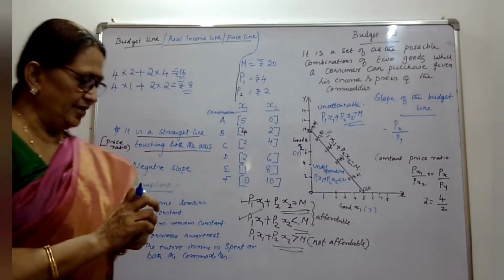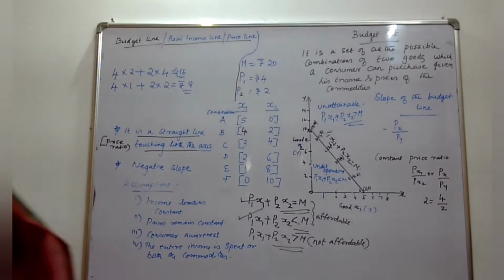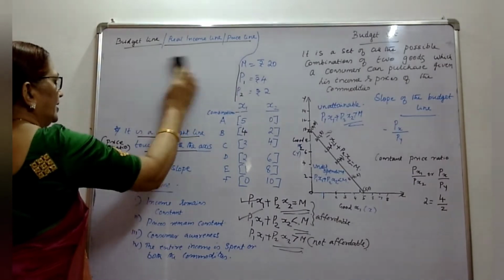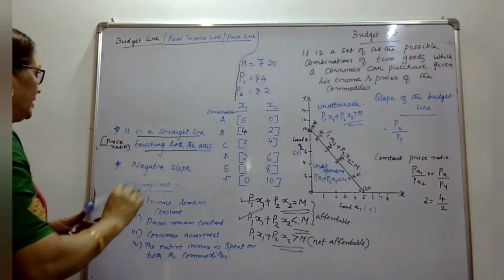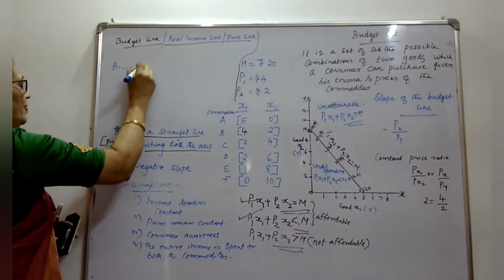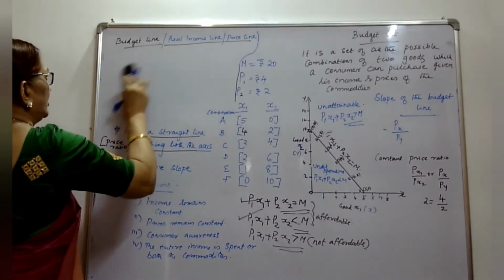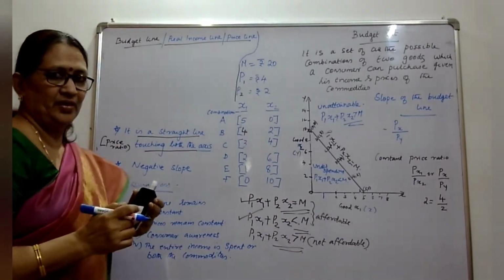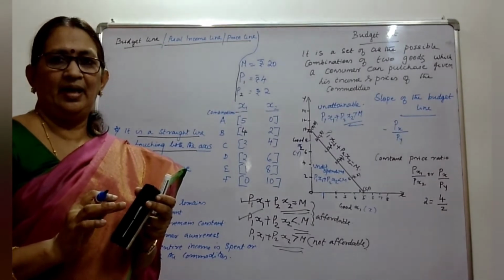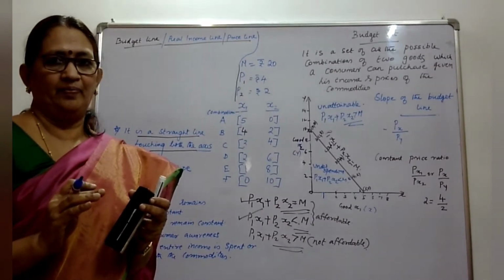Now, we will derive the budget constraint equation, the budget line equation. So, what is the budget constraint equation? Budget constraint: given the prices of the commodity and income of the consumer, a consumer can purchase either less than his income or equal to income.